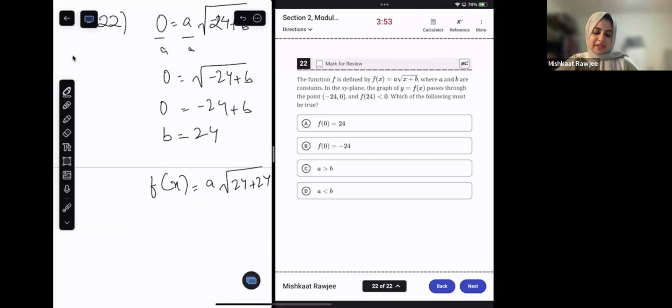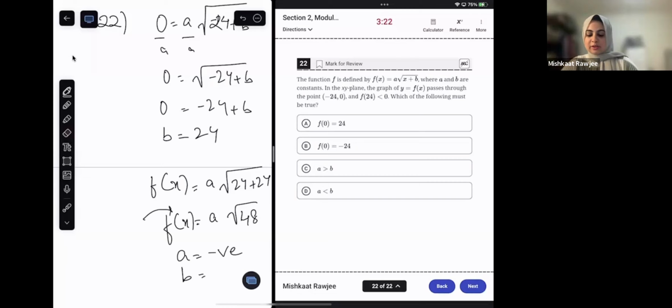And this answer would need to be less than 0, so f of x would be a negative number. The only way that could be negative is if a was negative. So a is going to be a negative number, and because of that, b is going to be greater than a. So our only answer that works is D.